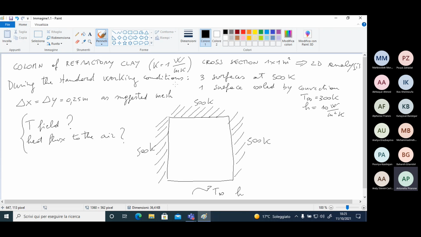During the standard working condition, I have 3 surfaces at 500 Kelvin and 1 surface cooled by convection with this value of T infinite and H. These values are delta X and delta Y as suggested mesh. I have to calculate the temperature field and the heat flux from the surface to the air, this one. Okay?